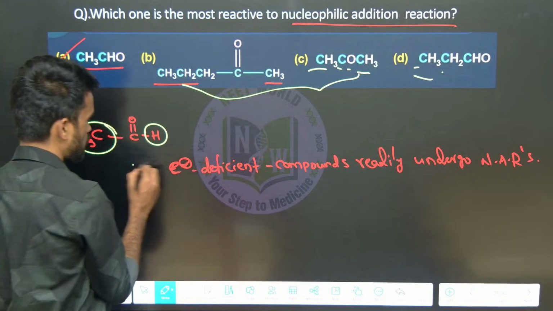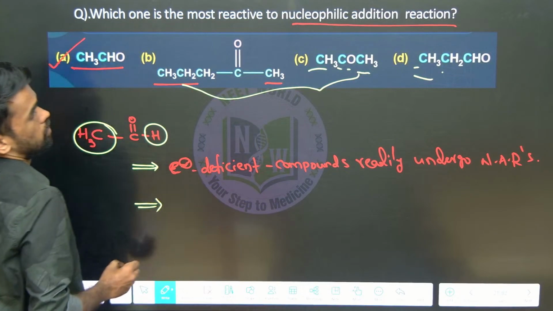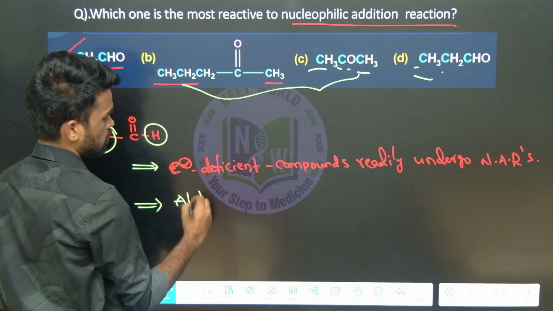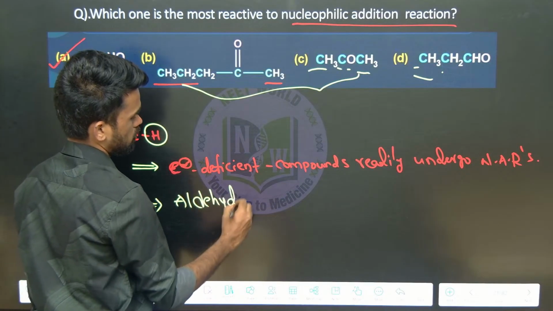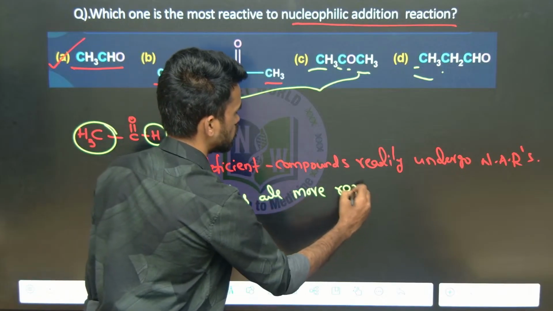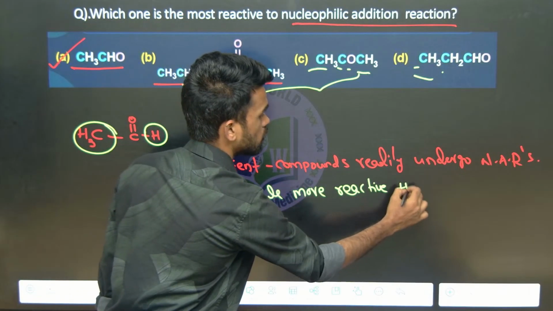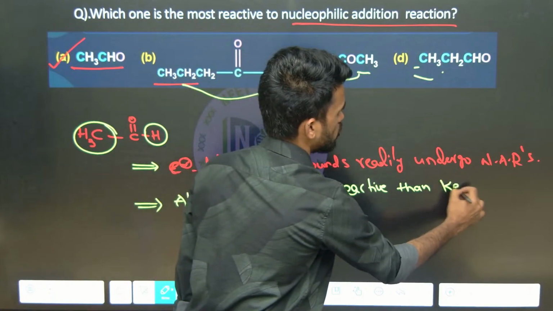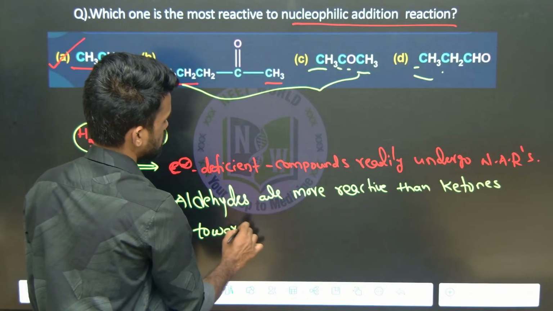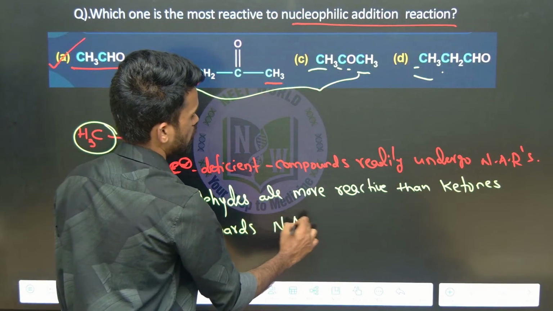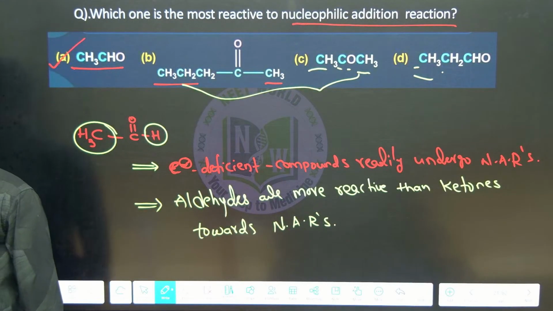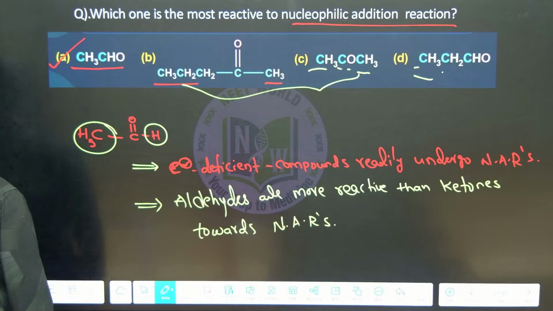Okay, and the next point here I can mention: aldehydes are more reactive than ketones towards nucleophilic addition reactions. Is this clear up to here? Right. Let's move forward.